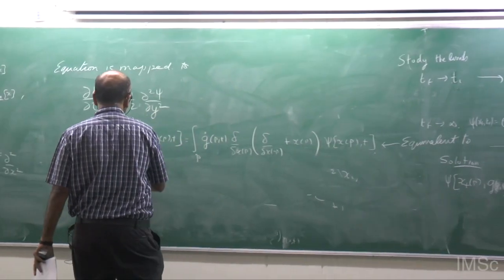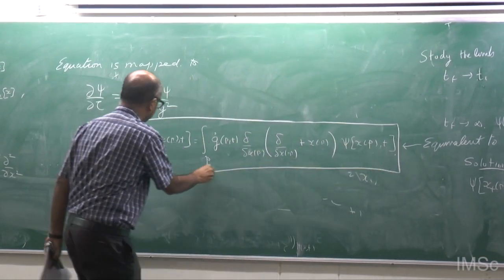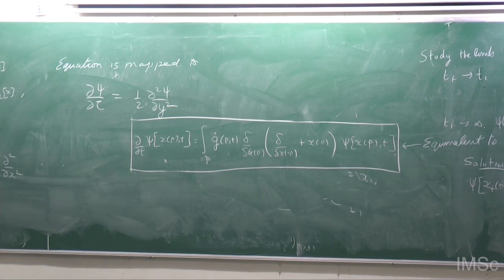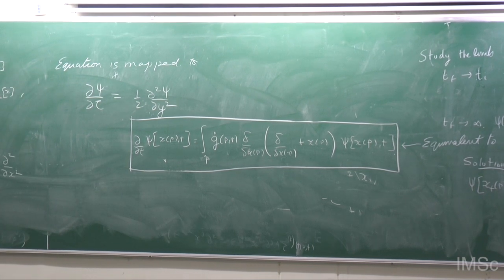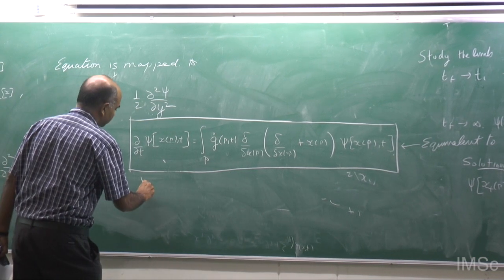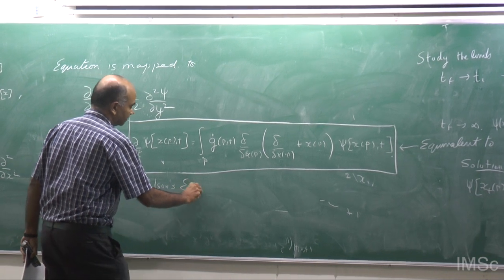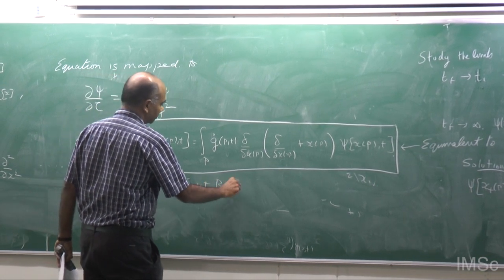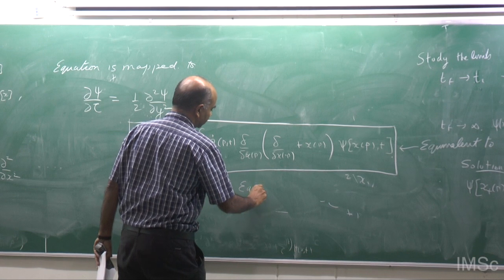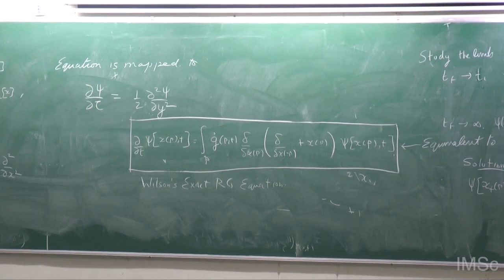So this is the equation that Wilson wrote down, and he called it the exact RG equation. Okay.